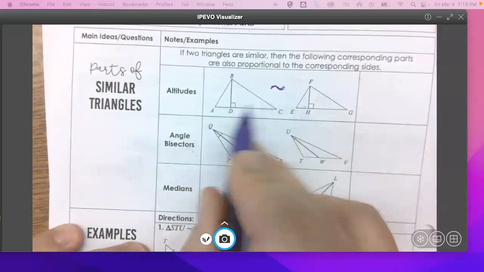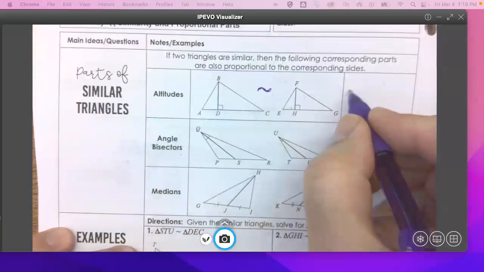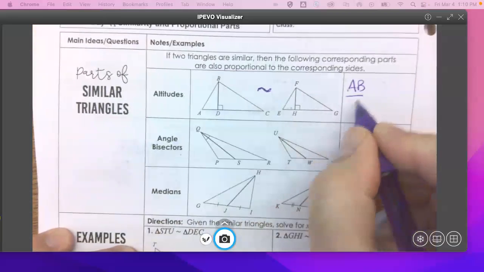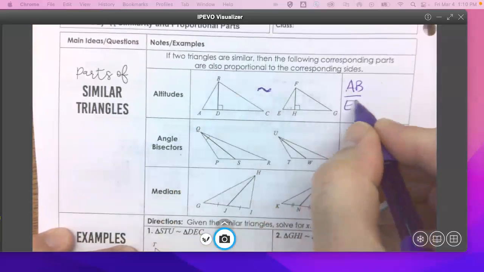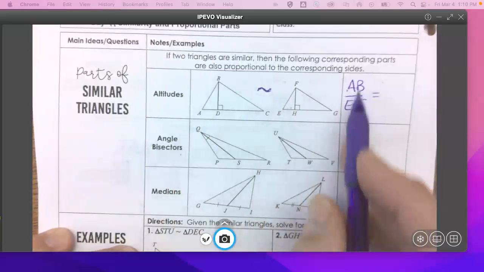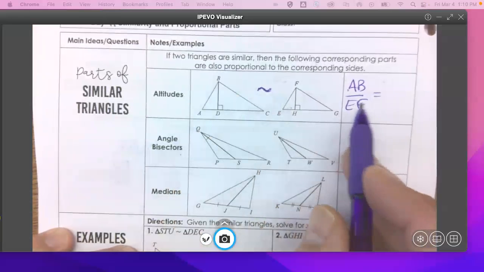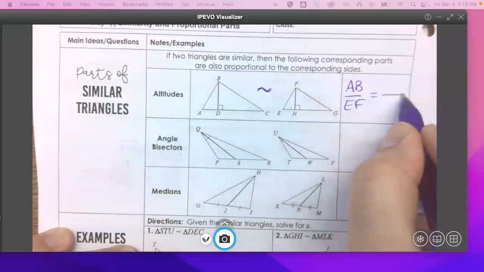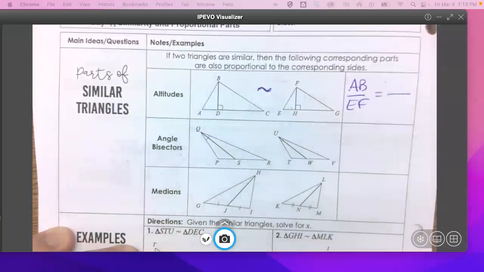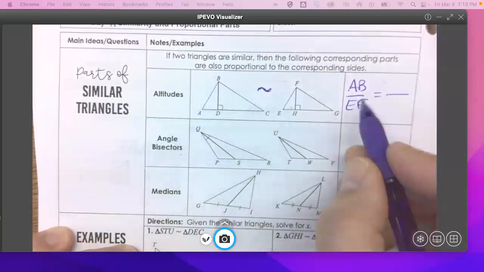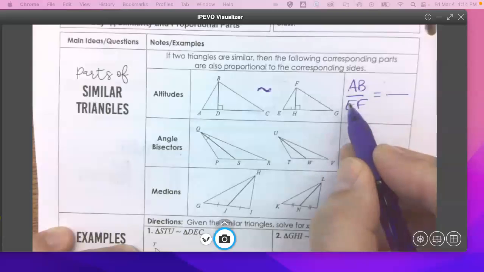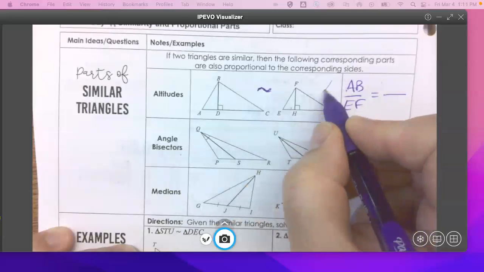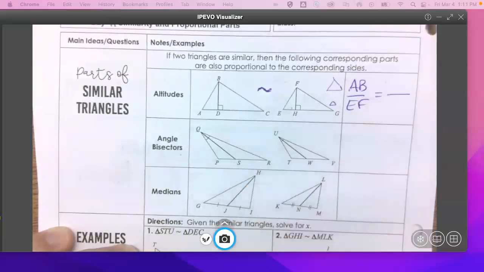Turns out, if these two triangles are similar, and I were to take a ratio of corresponding sides like AB to EF, that effectively finds the scale factor, and that same scale factor would apply to the altitudes. So what goes on top here? When I created this pair, I've chosen that I'm going to put the bigger triangle on top and the littler triangle on the bottom.